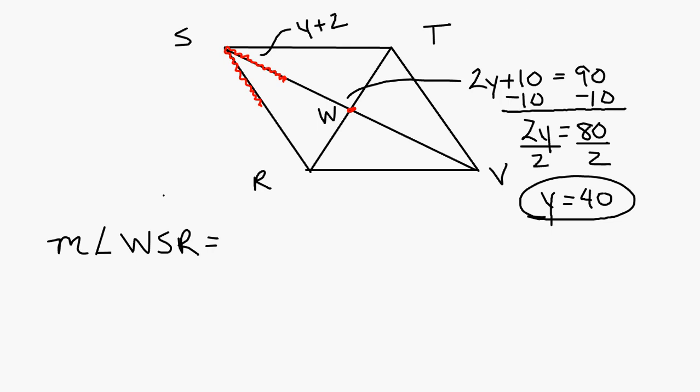If your y is equal to 40, you can substitute it for angle WST. 40 plus 2 is 42 degrees. And then you also know by rule that the diagonals bisect the angles of the rhombus. Alright, so if WST is equal to 42 degrees, then WSR is also equal to 42 degrees.